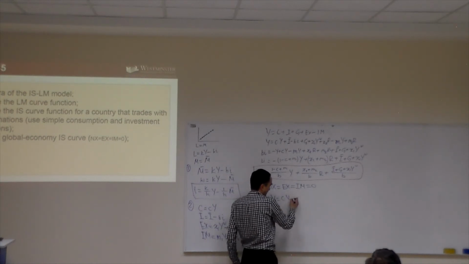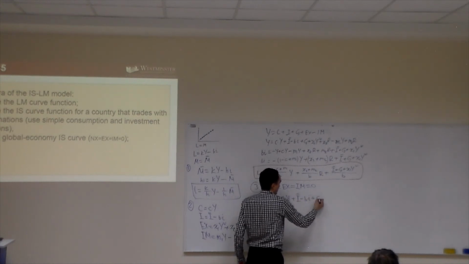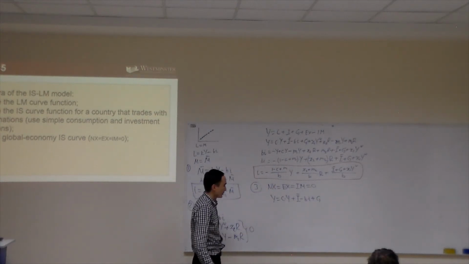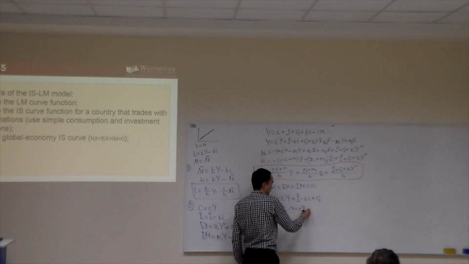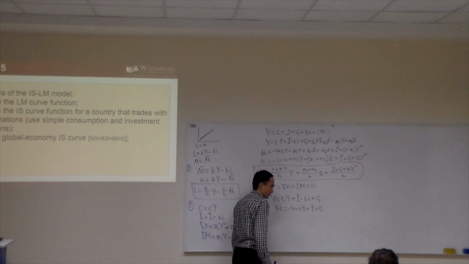So we can write again Y is equal to consumption, which is expressed like this, plus investment, which is expressed with the function minus BI, plus government spending. Export and import are equal to 0. So from here, BI is equal to minus Y plus CY plus autonomous investment plus government expenditure.